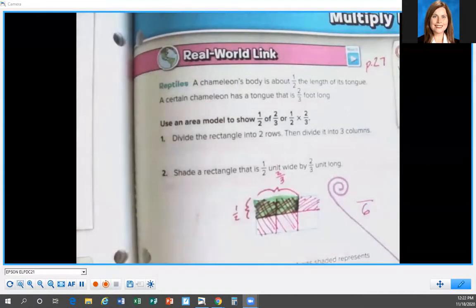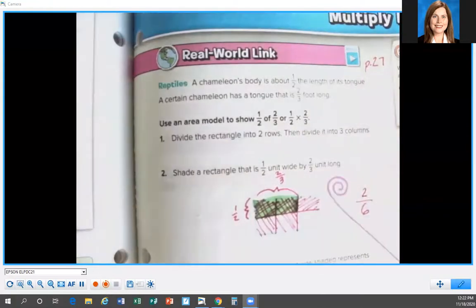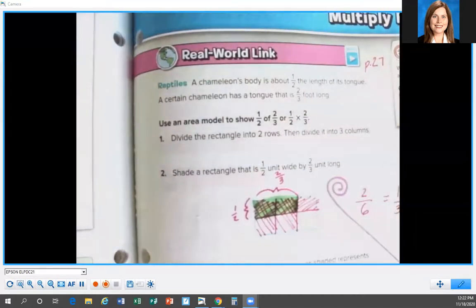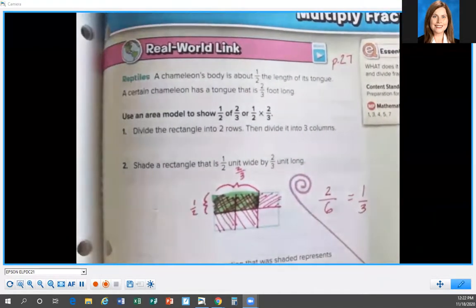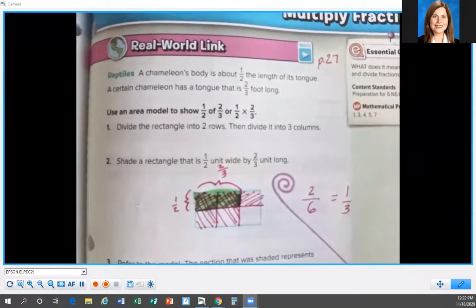So we have 2 out of our 6 rectangles shaded both times. Okay, so 2/6 simplifies to 1/3. So that's our area model for finding a portion of a portion.